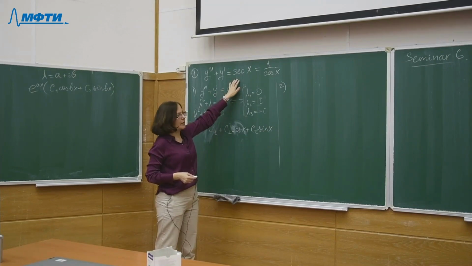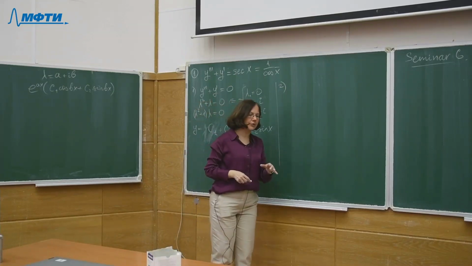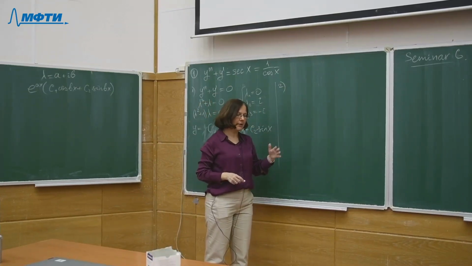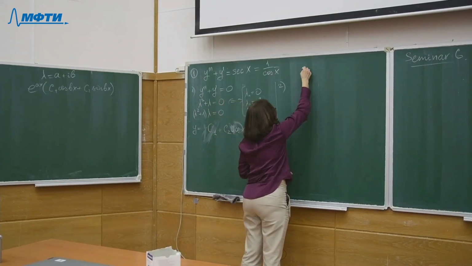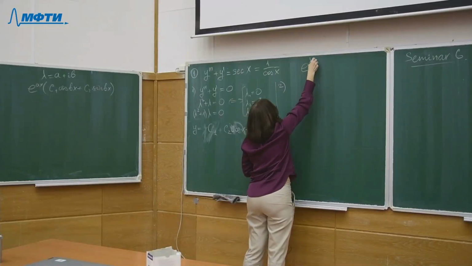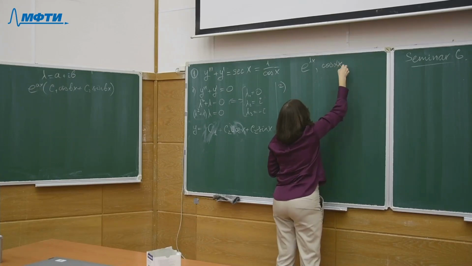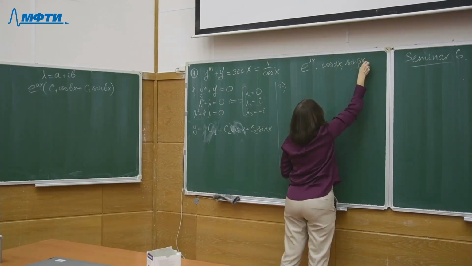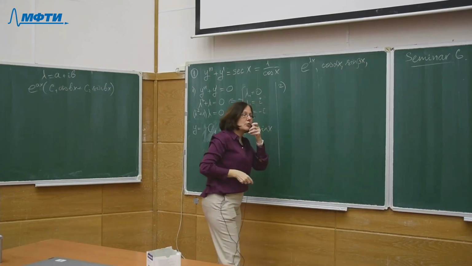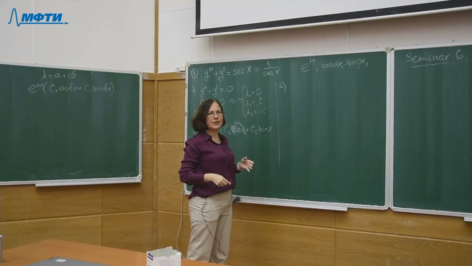If we have a quasi-polynomial in the right-hand part, that is, an expression involving linear combinations and products of e to the power lambda x, cos alpha x, sine beta x, and polynomials, then we can use the method of undetermined coefficients.